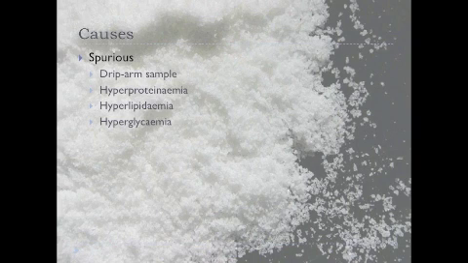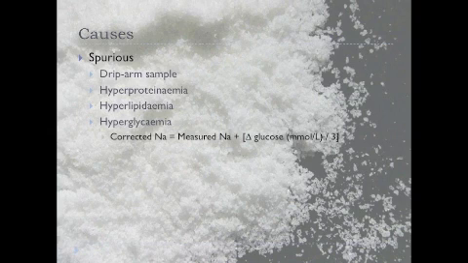Consequently, serum sodium concentrations fall, but the osmolality is still high. This is sometimes termed hyperosmotic hyponatremia. An idea of the true sodium level can be derived from the corrected sodium calculation.